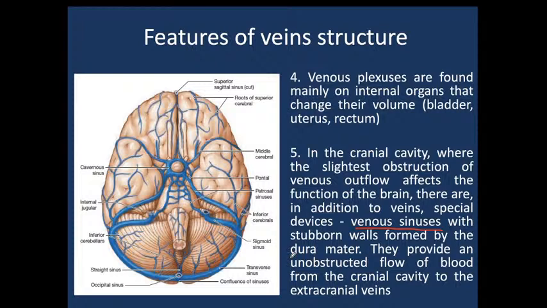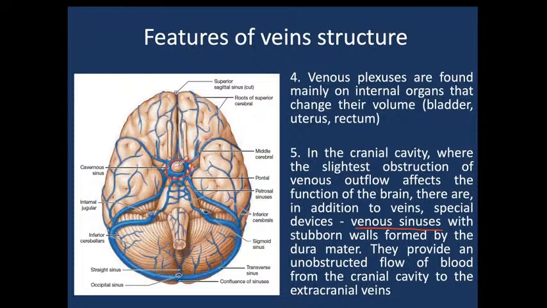We have a thick layer of connective tissue, and this protects the brain, and also it contains venous sinuses. Here are visible some of these sinuses.